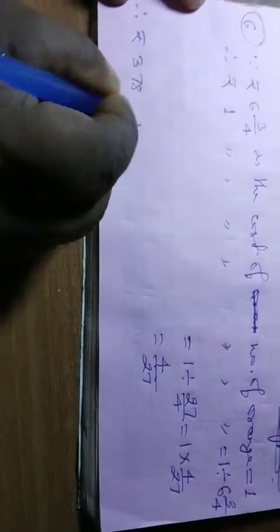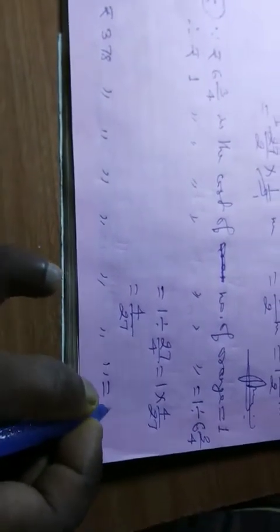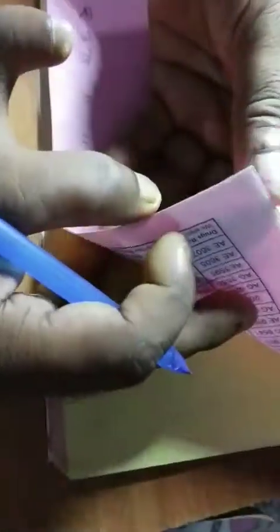Again, therefore rupees 378 is the cost of number of oranges is equal to 4 by 27 into 378. Four by 27 into 378. 7 3 10.